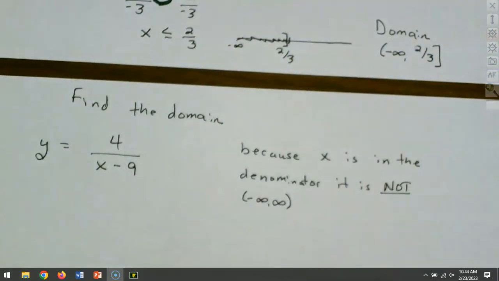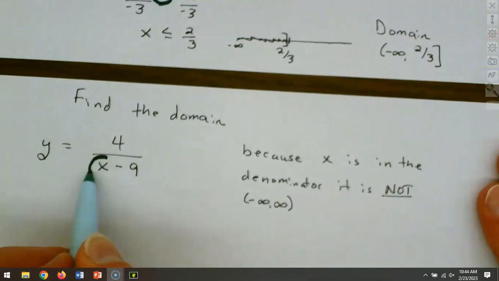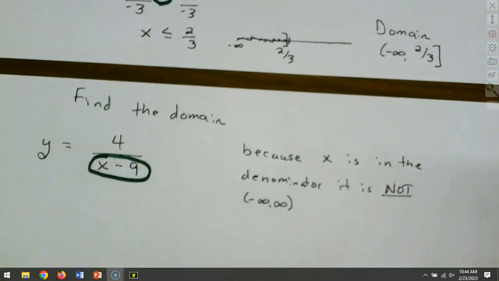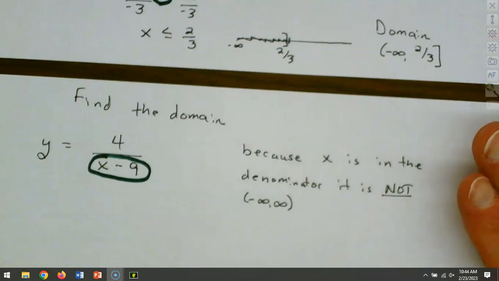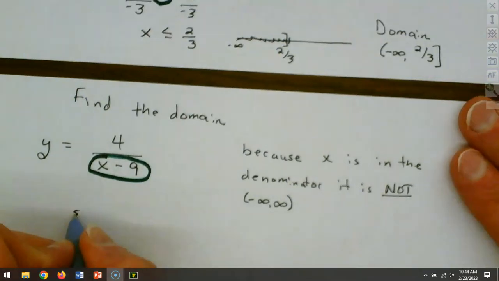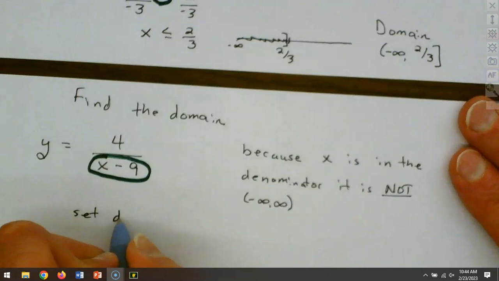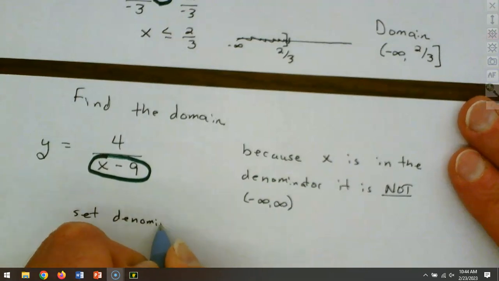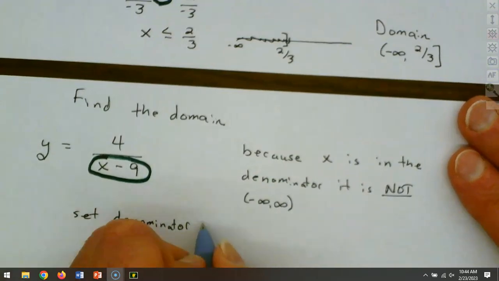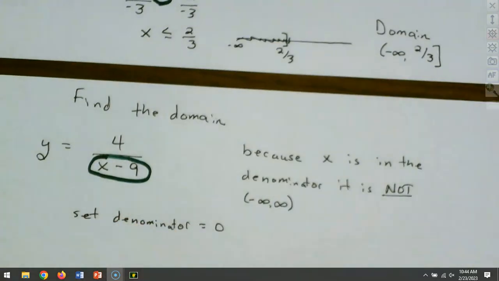Very simple. What we do is we take what's in our denominator and we set that denominator to 0.